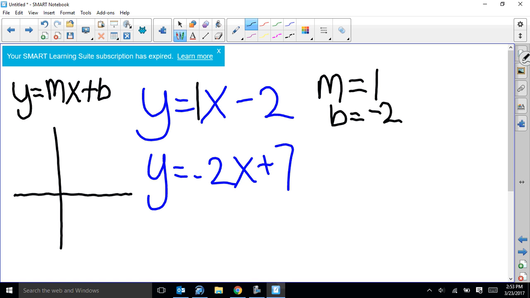What is slope-intercept? Slope-intercept is b, where it crosses the y-axis. Y-intercept, where it crosses the y-axis. So what does that mean?